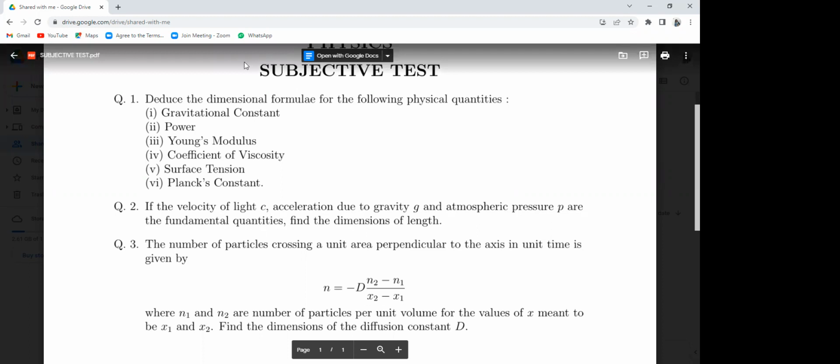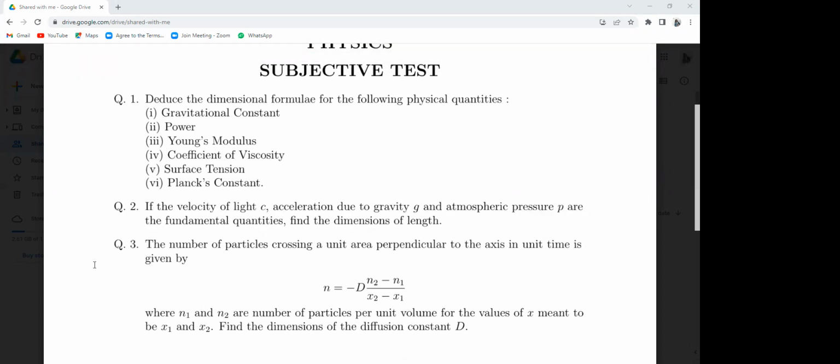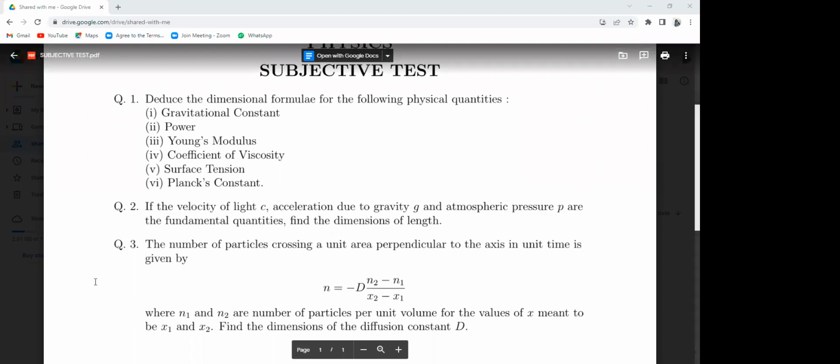So the first question is of 12 marks, means 2 marks each, and the second question is of 3 marks, so 15 marks test. Third question, you can leave it. We'll discuss it as an assignment in the next class.